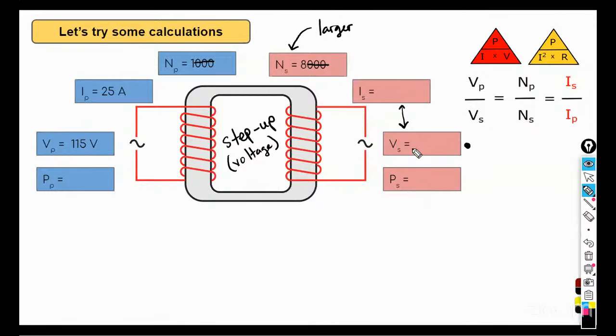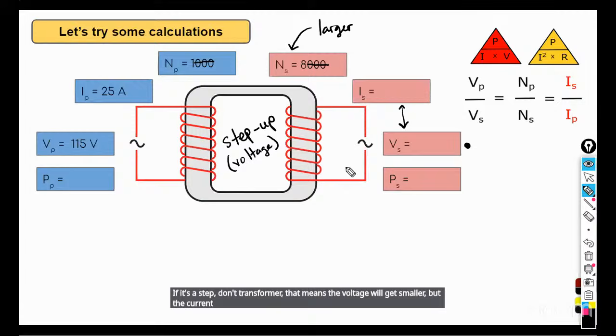Meaning that if voltage gets larger, your current is supposed to get smaller, and vice versa. If it's a step down transformer, that means the voltage will get smaller, but the current will get larger. Those are things you need to keep in the back of your head as you do the calculations.